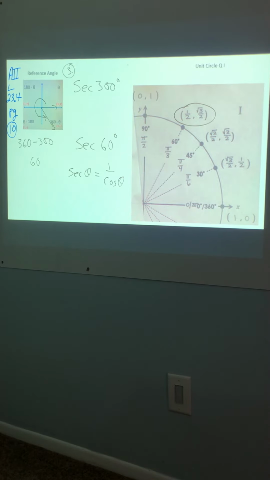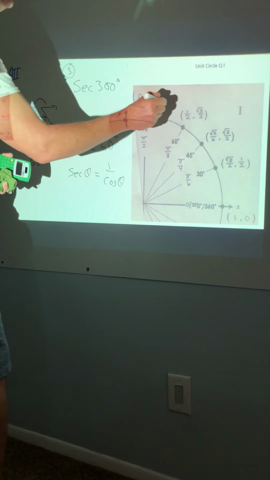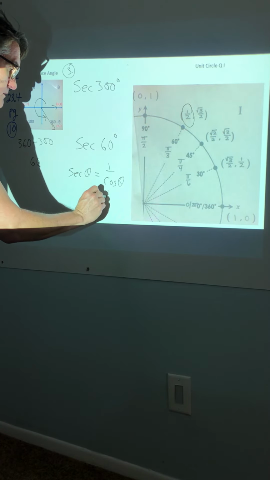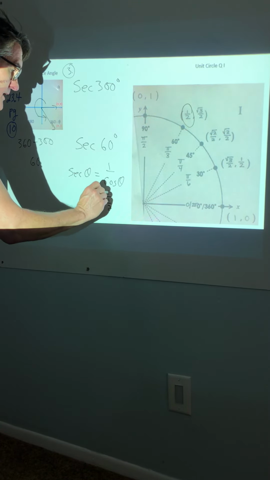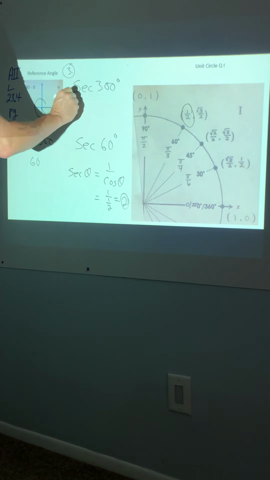So in English, you focus on the cosine, which is the first value, and you take the reciprocal of it. So 1 over 1/2, and when you divide, you get 2. So the secant of 300 is going to be 2.